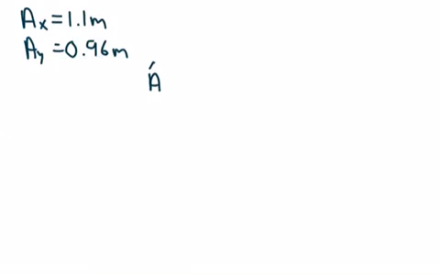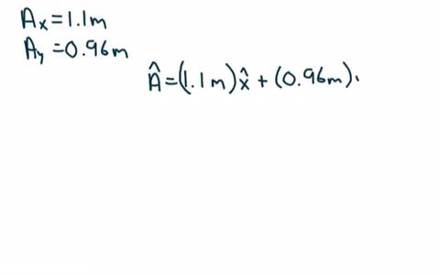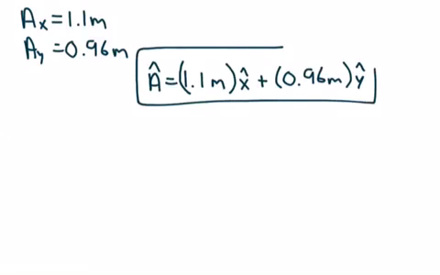Vector A is equal to 1.1 meters, and I like to put these in parentheses to make it clearer, then x hat, so I throw my unit vector x into the problem, plus 0.96 meters, with my unit vector y, and that's my final answer. This is how you express vector A in unit vector notation.